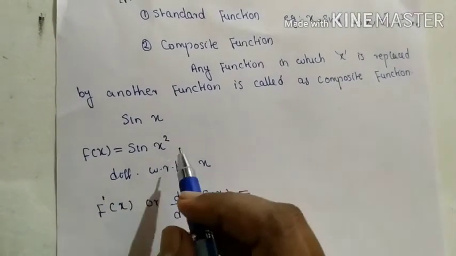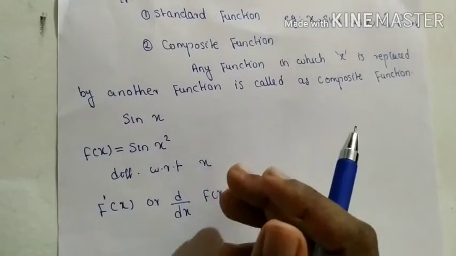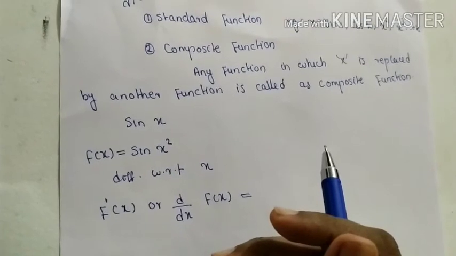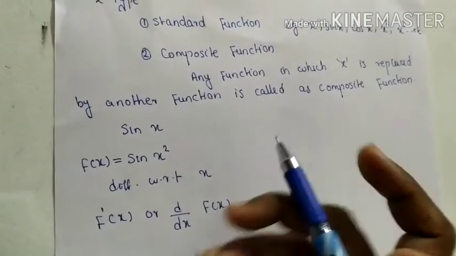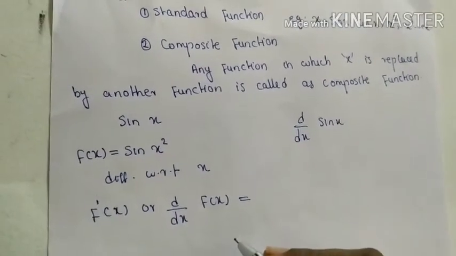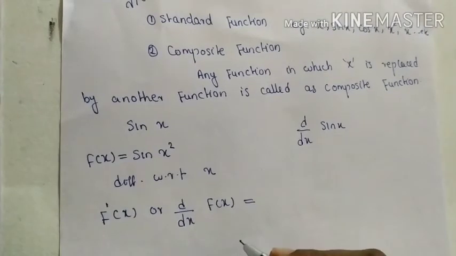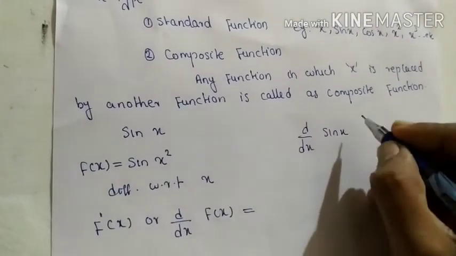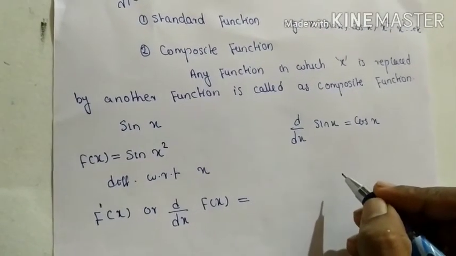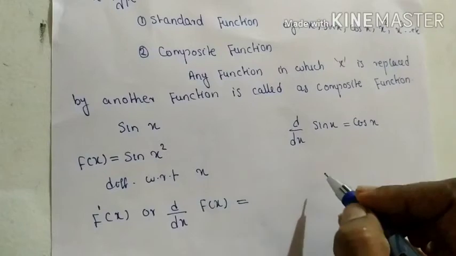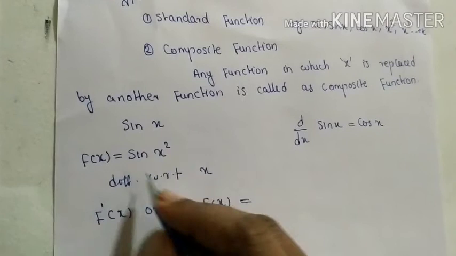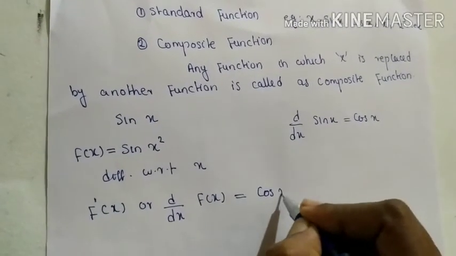First we need to find the derivative of sin x square by using the standard form, comparing with the derivative of sin x. We know that the derivative of sin x is equal to cos x. But here the derivative of sin x square will be cos x square.